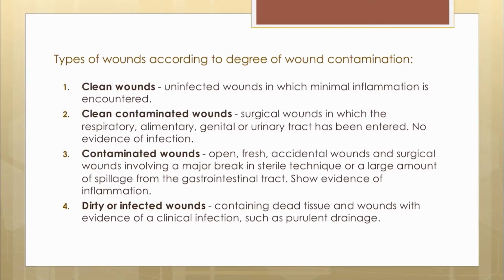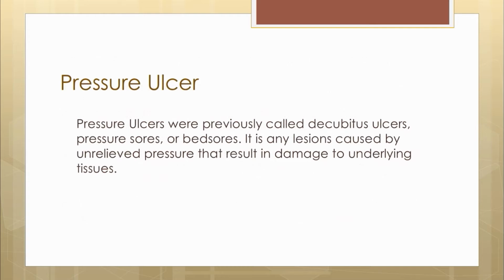So this is either intentional or unintentional wound. Lastly, the worst one, dirty or infected wounds containing dead tissue and wounds with evidence of a clinical infection such as purulent drainage. So let's proceed to pressure ulcer.